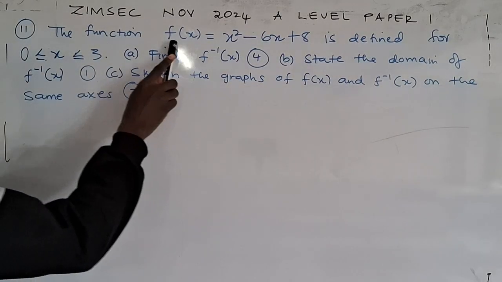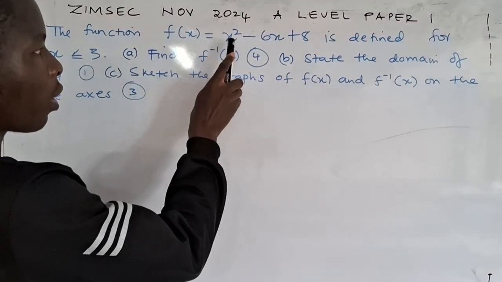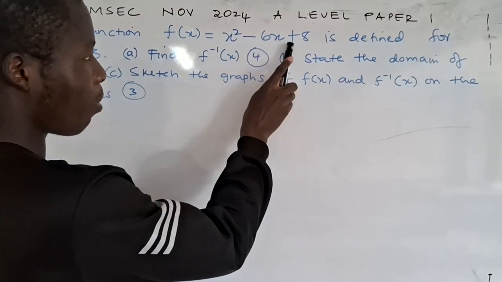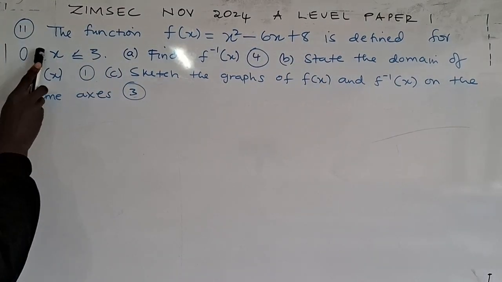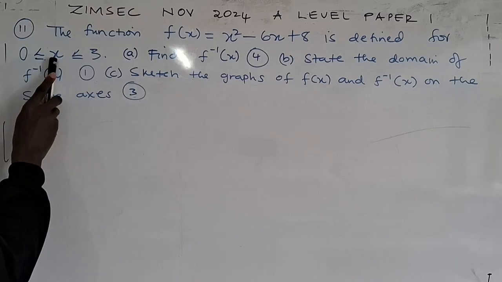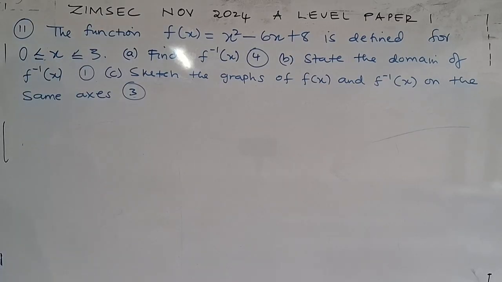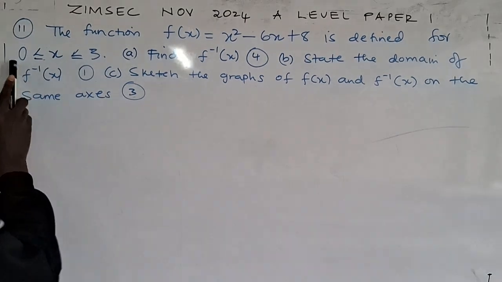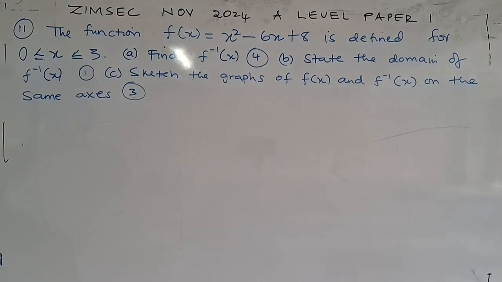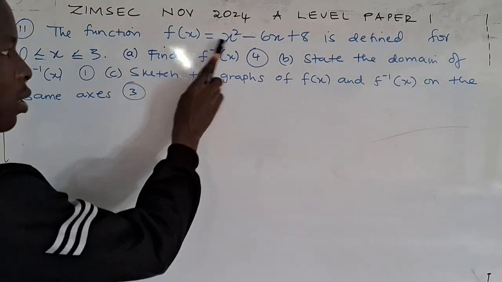The function f of x is equal to x squared minus 6x plus 8, defined for 0 is less than or equal to x, which is less than or equal to 3. So this function is defined for this. Find this. What is this?